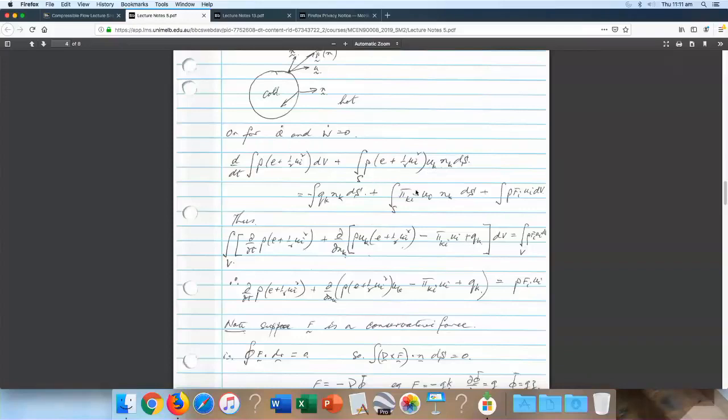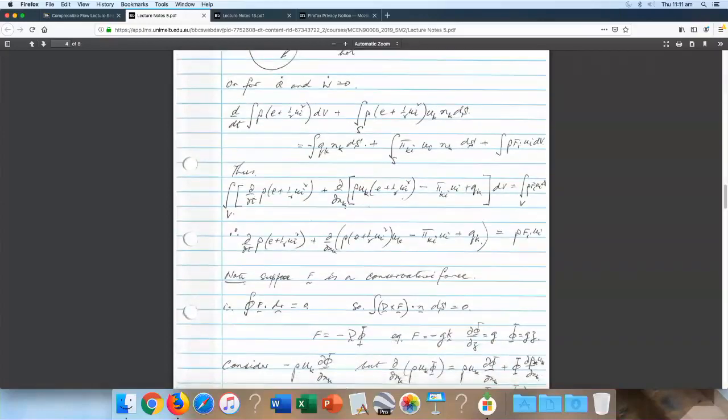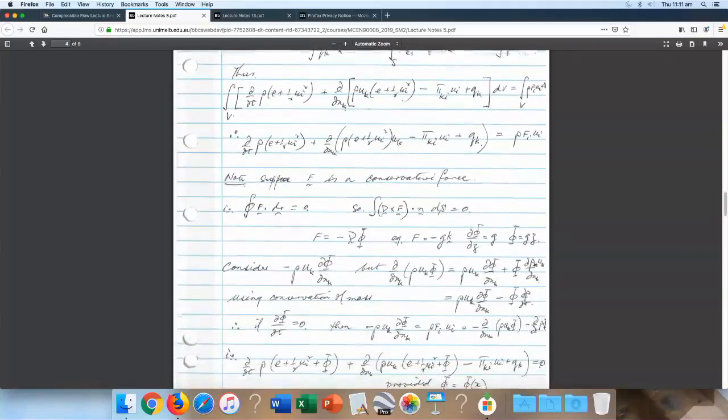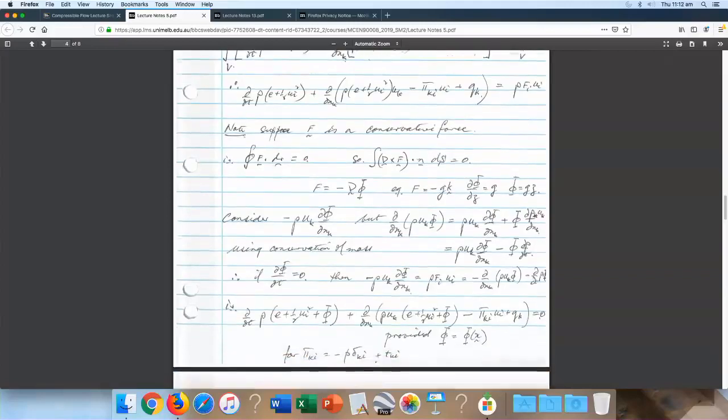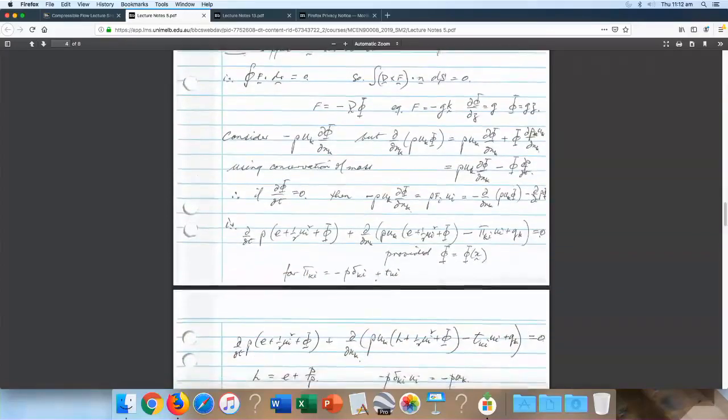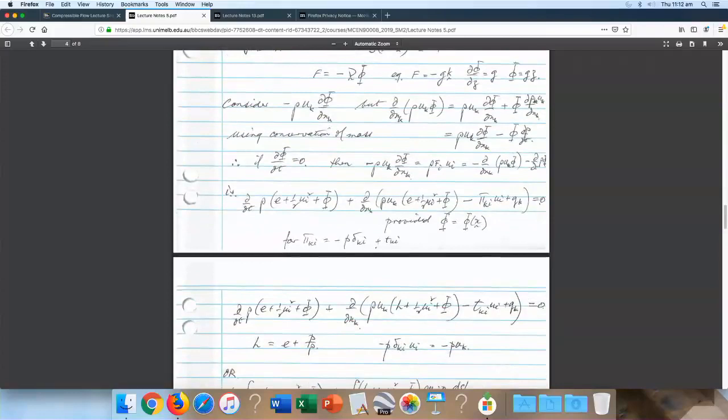And then this is the work done by the stress tensor. And the stress tensor, so if there's a conservative force, I put that in here, and we can, with a little bit of subtlety, so long as the potential energy doesn't depend on time, then we can include that on the left-hand side.